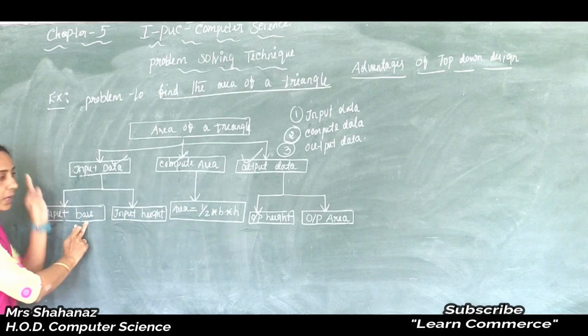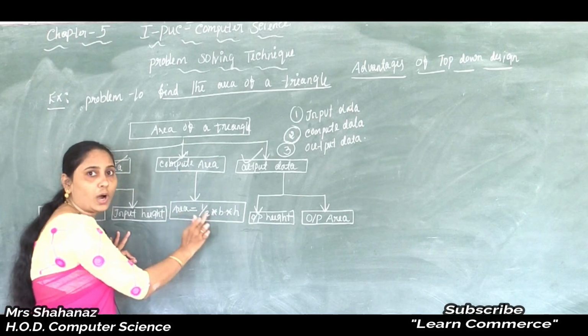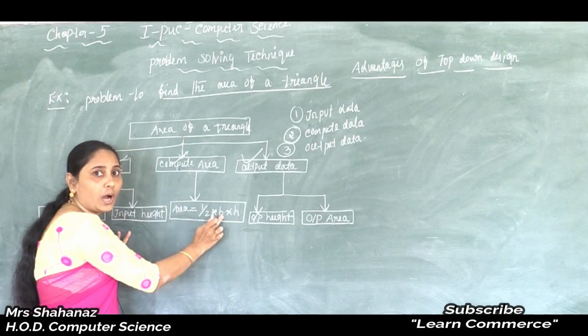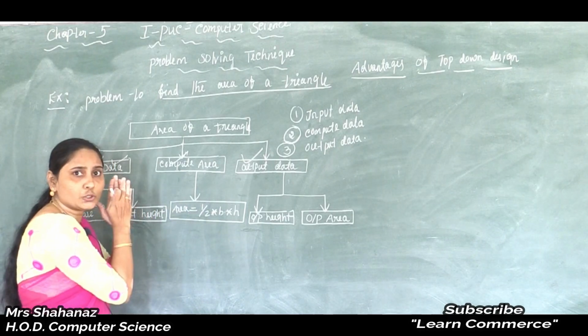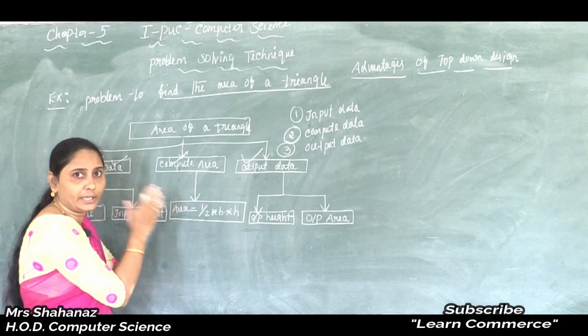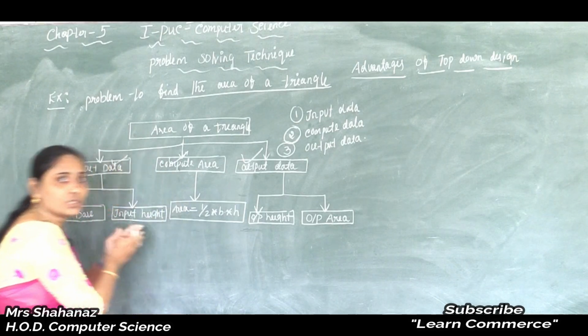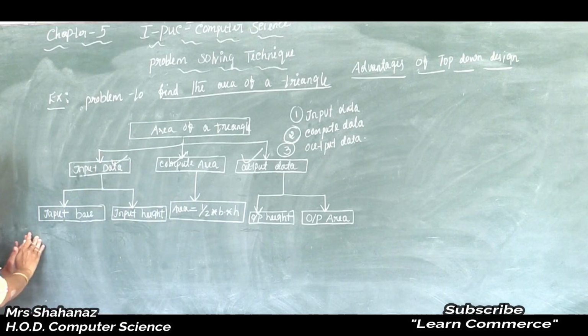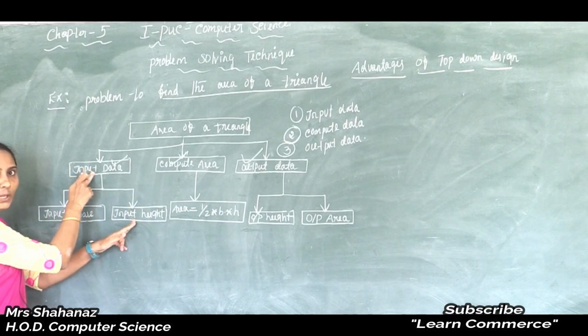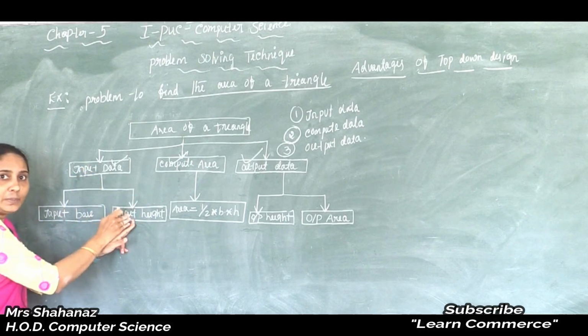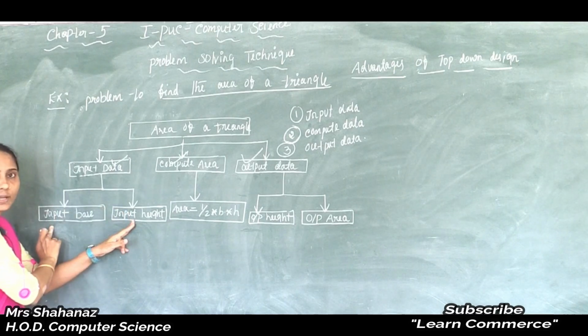The formula is area is equal to half into base into height. So this is the formula. So first of all, to know the answer of the area of a triangle we need to use as input the base as well as the height. So I divided such input data into subdivisions as the base as well as the height.